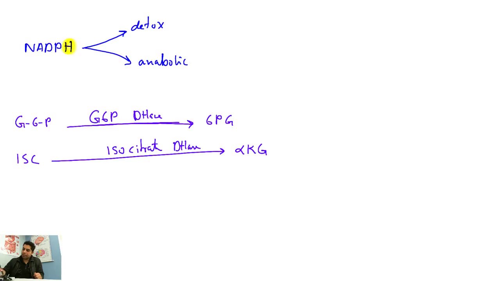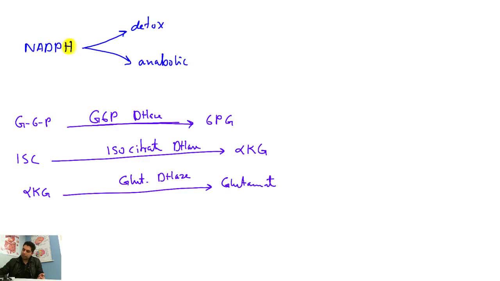Another one is glutamate dehydrogenase. Glutamate dehydrogenase takes alpha ketoglutarate and converts it to what? Glutamate. So these are the enzymes.